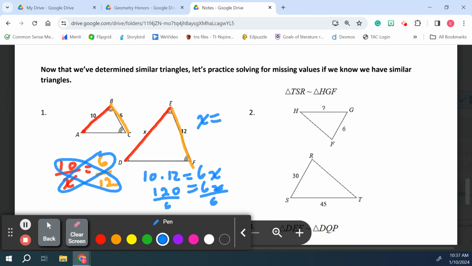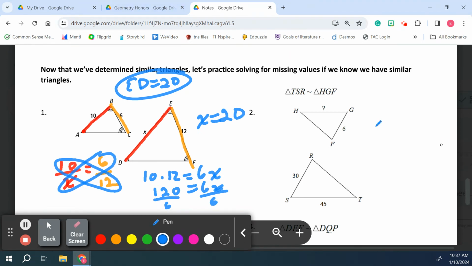What's it going to be? 20. So now we know that ED is equal to 20. Okay? Questions on that?